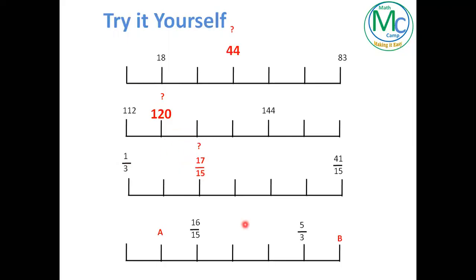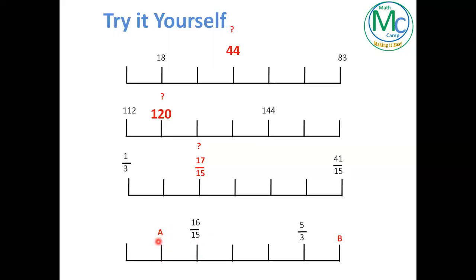Now next number line, to find out A and B, we have to follow the same rules that we have been using. By using those rules, I have calculated the value of one jump for this number line, and that is 1 over 5.